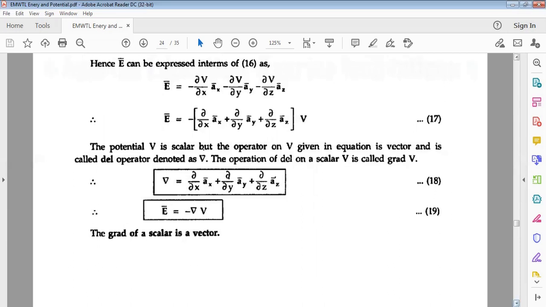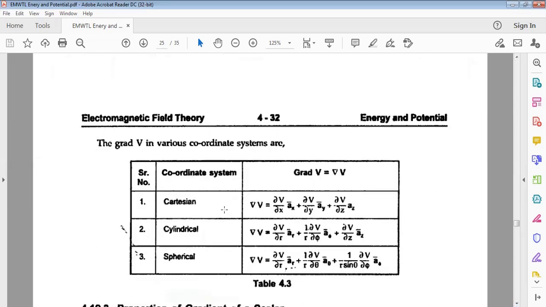In a similar fashion for the cylindrical coordinates, del V is dou V by dou r into ar bar, dou V by dou phi, and dou V by dou z. Actually, phi is not alone; we get 1 by r multiplied.